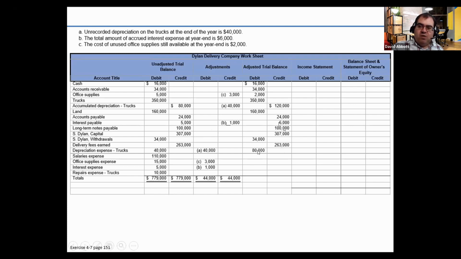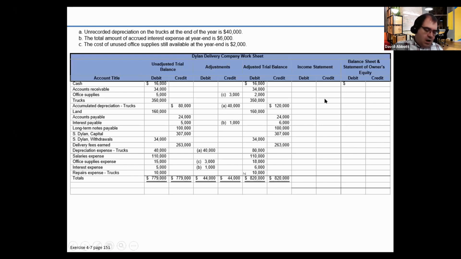The depreciation expense on the truck, we added to it. And then the salaries expense, the office supplies expense, the interest expense, and the repairs expense on the trucks. We'll just either add to them or carry them over. So we get the total. Same thing, it equals out.